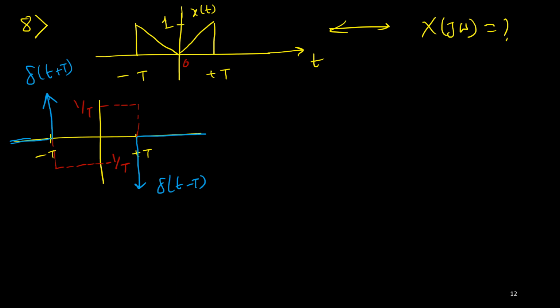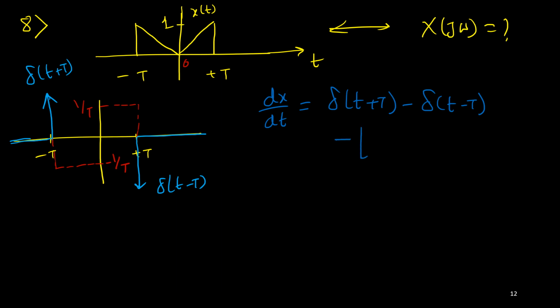So what will you get? dx by dt is delta t plus capital T minus delta t minus capital T. This one is positive, this one I am considering negative.